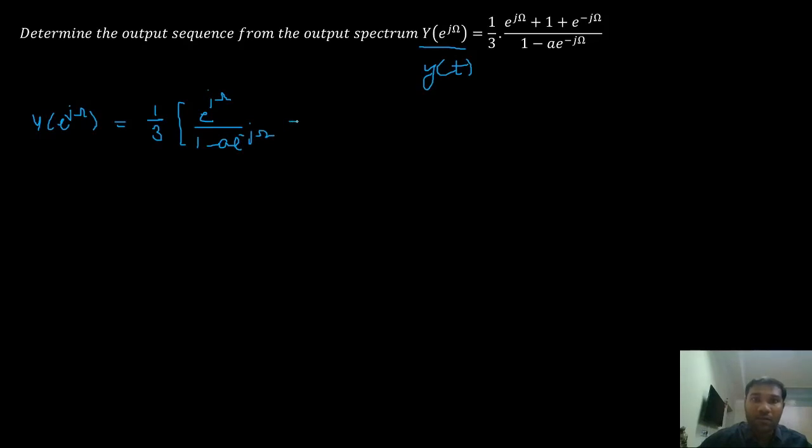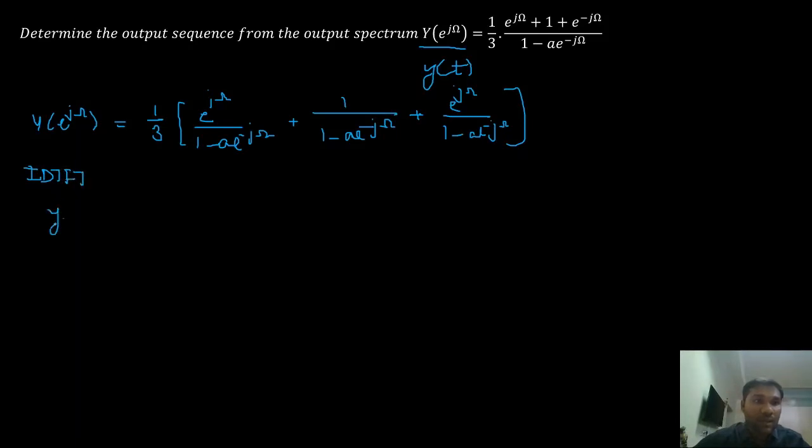The second term is going to be 1 by 1 minus a e power minus j omega, and the third term is going to be e power minus j omega divided by 1 minus a e power minus j omega. I have written the given expression in 3 terms. So now I'll take inverse DTFT on both sides.